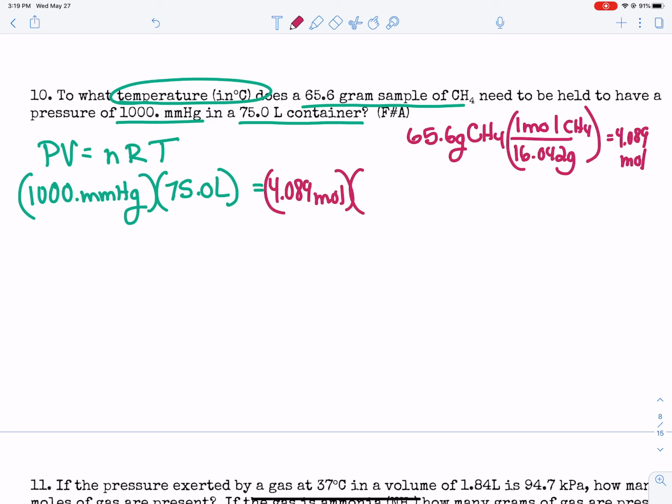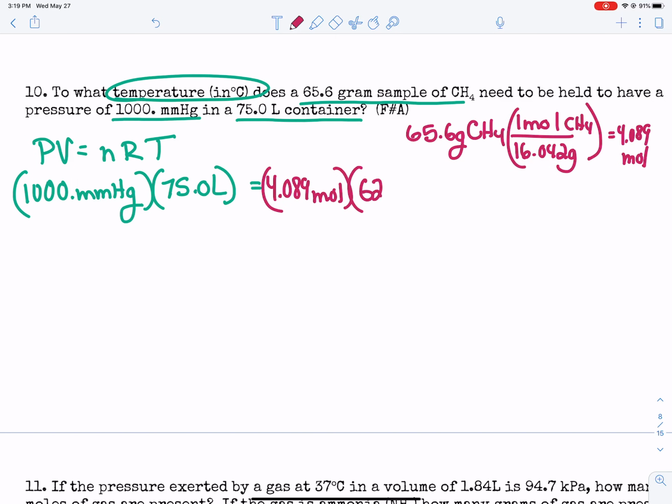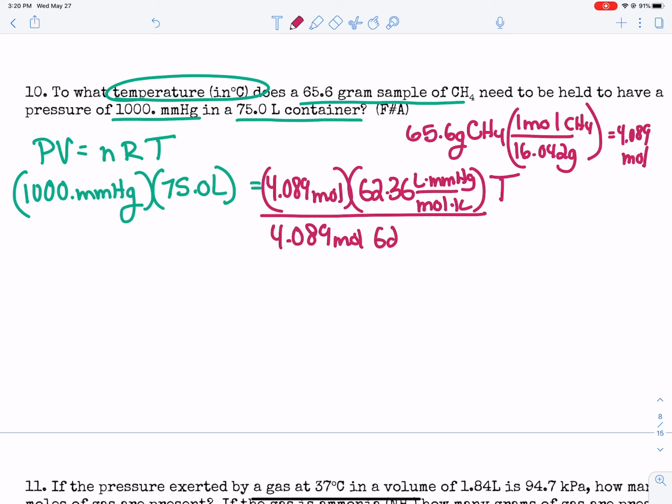My R, because it's millimeters of mercury, I go back up to the table above, 62.36 liters times millimeters of mercury over moles times Kelvin, and then temperature is what I'm trying to solve for here. So now I just divide both sides by 4.089 times 62.36.